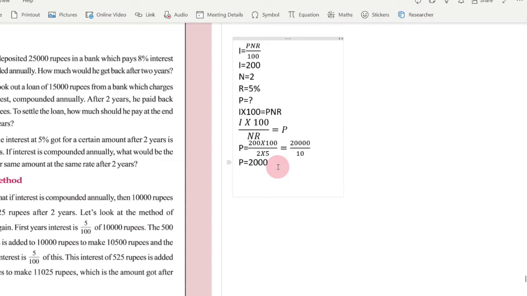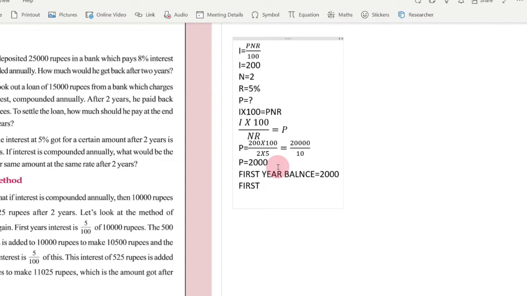What is the first year balance? First year balance is equal to 2,000 rupees. Here the rate of interest is equal to 5%.